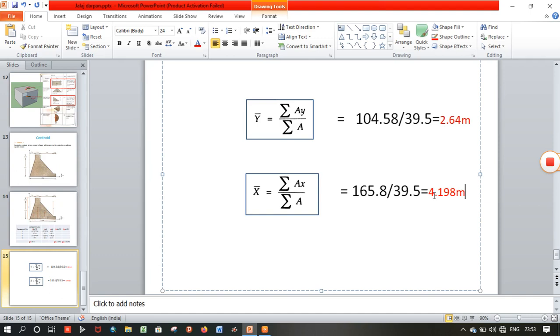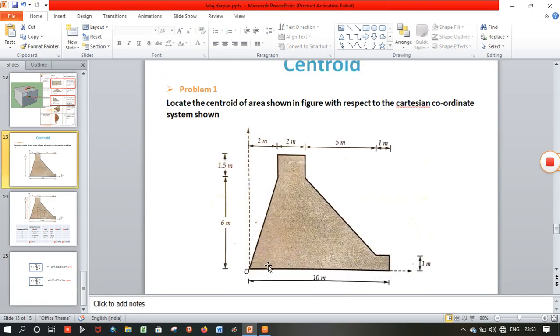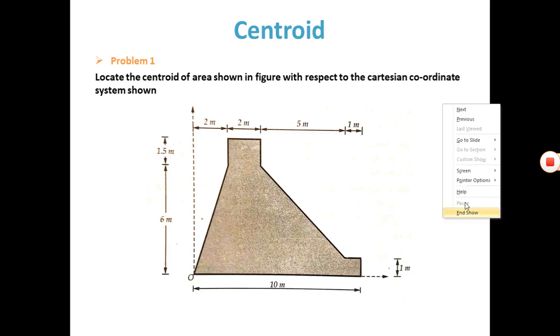So finally we found the component along x bar and the component along y bar. If we plot that here, in x-axis it is 4.198, it is somewhere here.